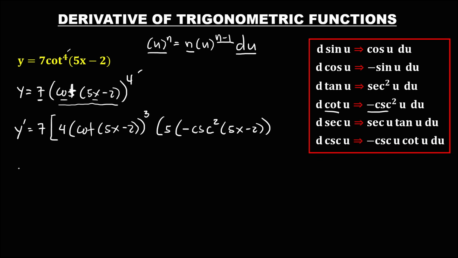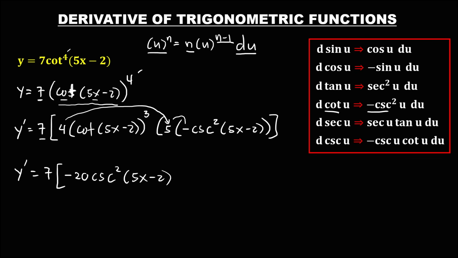Then to simplify, y prime equals, so first bring down the constant, then multiply this 4 times 5, this one is 20, times negative, so we have negative 20, then cosecant squared 5x minus 2, then times this cotangent to the power 3, 5x minus 2.